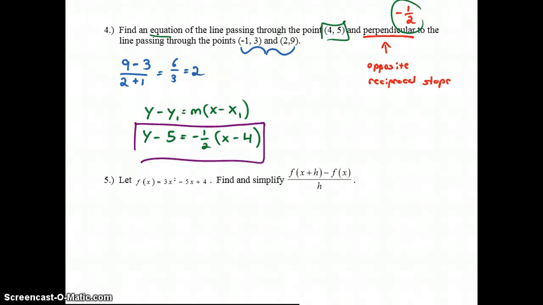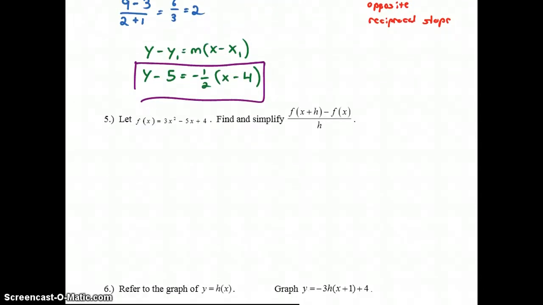Let's move on to the second problem. f of x is 3x squared minus 5x plus 4. We'll find f of x plus h minus f of x all over h. For f of x plus h to start, I'll take all of my x's and make them x plus h's. 3 times, not x squared, but x plus h squared.